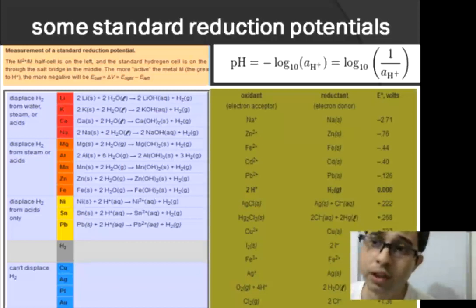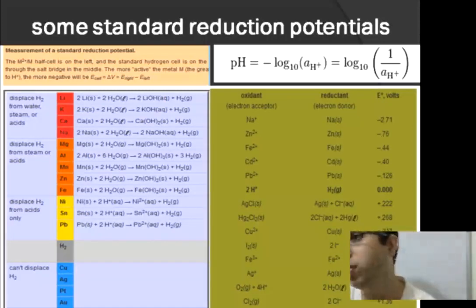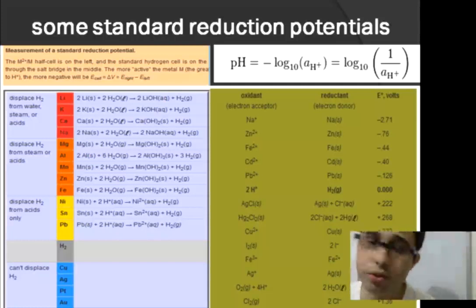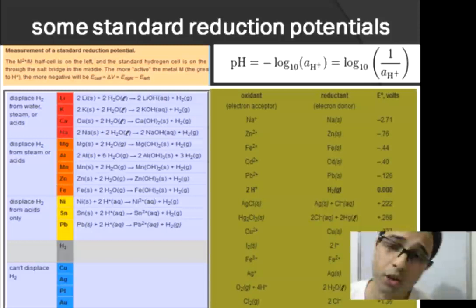For example, sodium clearly has a higher tendency to oxidize than zinc, so sodium will reduce zinc. Sodium will get oxidized itself and will reduce zinc. Again, if I put zinc with iron, zinc will reduce iron, and zinc will get oxidized.